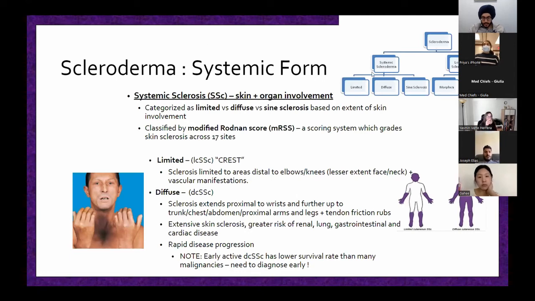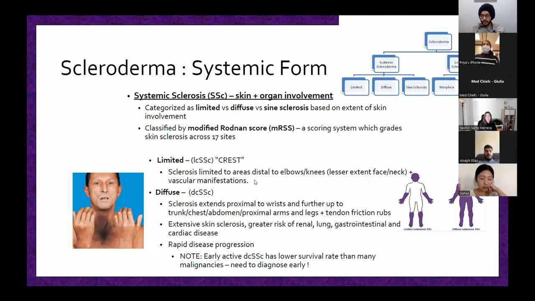Systemic scleroderma is the other subtype category, which can be, again, further divided into limited or diffuse systemic sclerosis. The subtype depends on the extent of the skin which is involved.